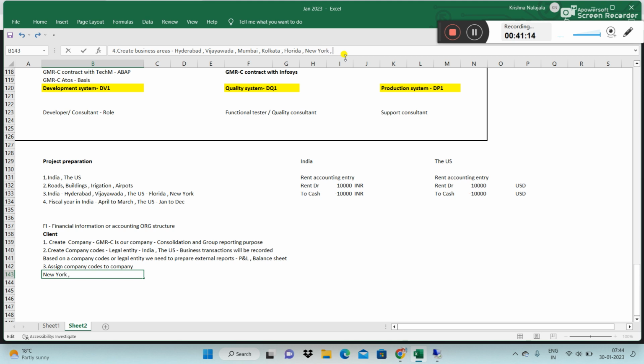And what else do we have? Scotland. No, that is a different country, right? I'm talking about the states in the US. Florida, New York, Los Angeles, Dallas.